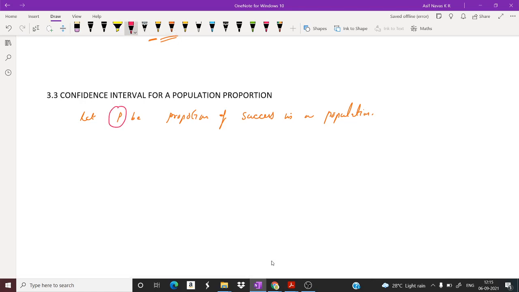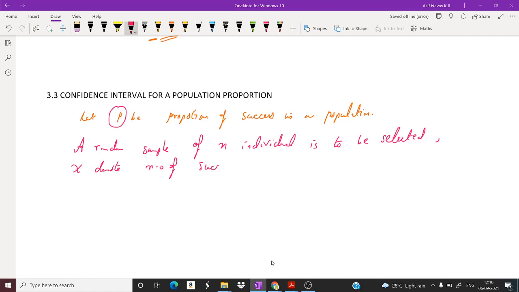For that, a random sample of n individuals is to be selected. So in a population, we have to calculate the proportion of success, and I am taking a random sample of n individuals, where x denotes the number of successes in the sample.